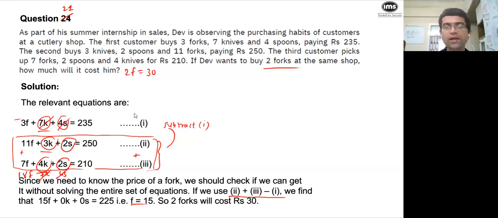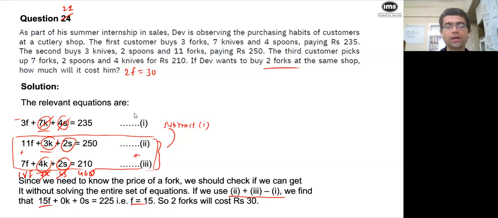I will only have 18F minus 3F, which is 15F. And that is equal to 225, because this total is 460, and 460 minus 235 will give me 225. Disha, hope you have understood now. And then F is equal to 15, if 15F is equal to 225.